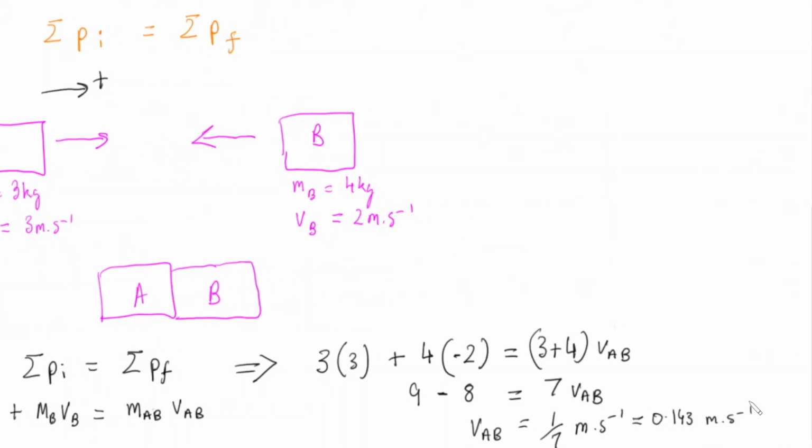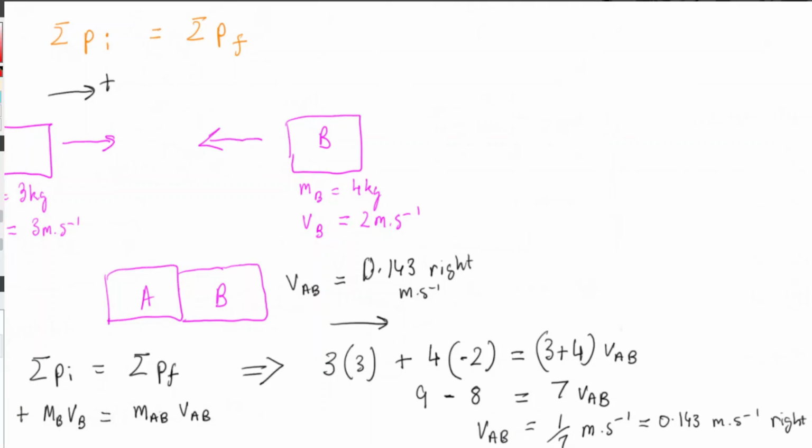And because we have a positive answer here, that means the system must be moving towards the right. So I'll put down that direction, right. So VAB is equal to 0.143 meters per second to the right.